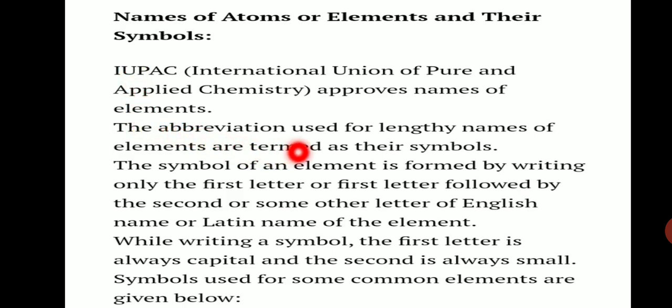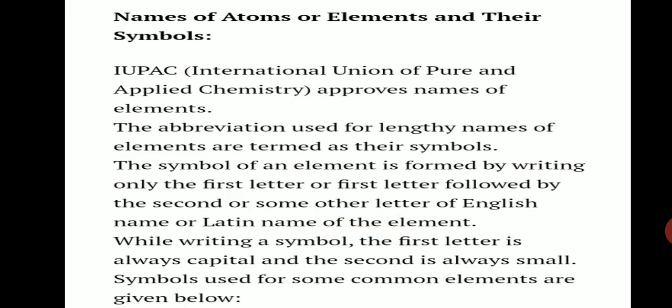Okay, the abbreviations used for lengthy names of the elements are termed their symbols. The symbol of an element is formed by writing only the first letter, or the first letter followed by the second or some other letter of the English name or Latin name of the element.